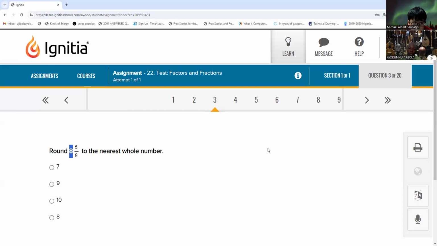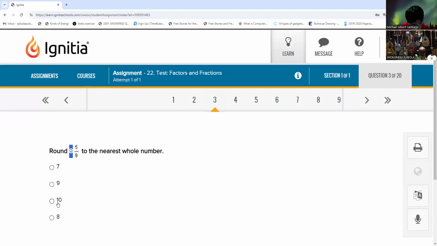Concentrate. So what's your answer now? It's 10. 8 point something.